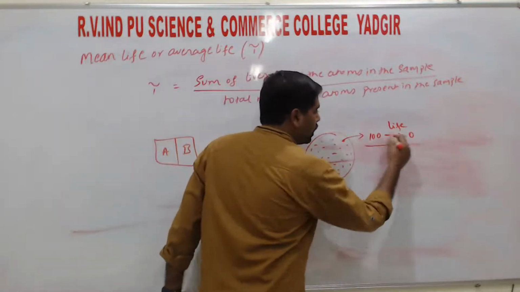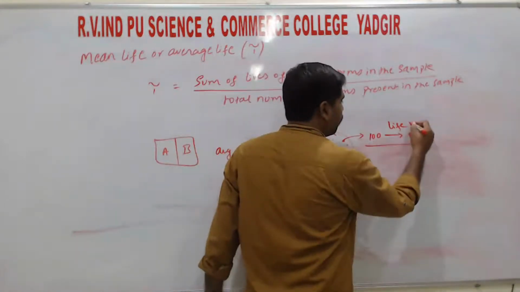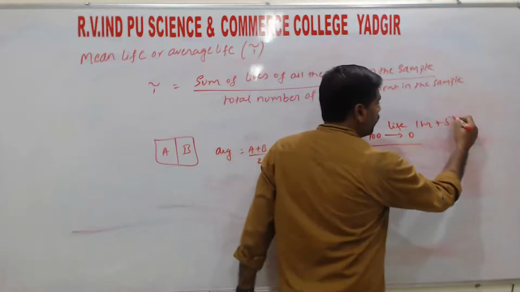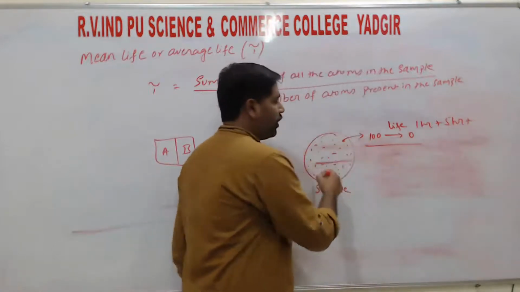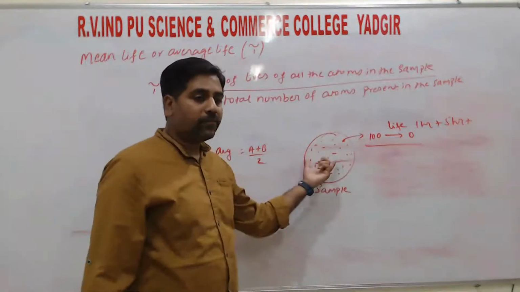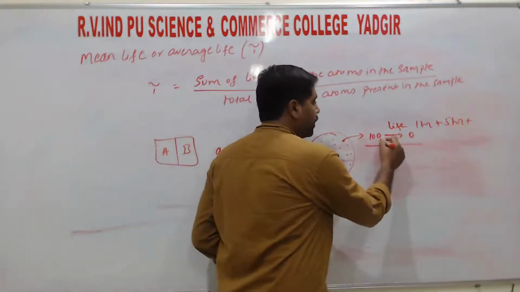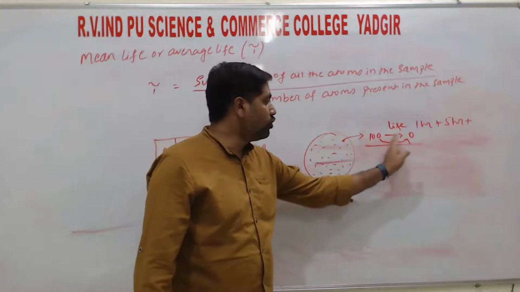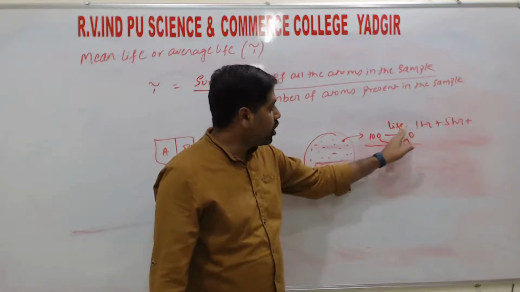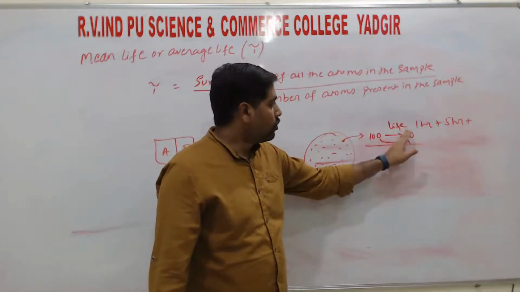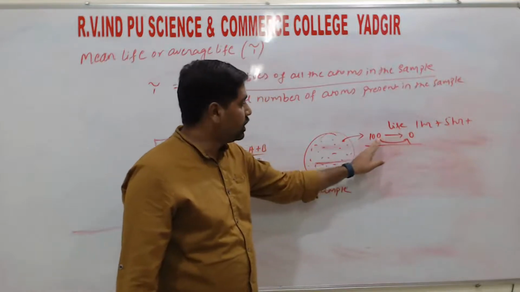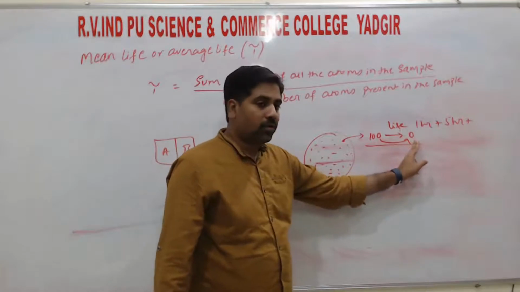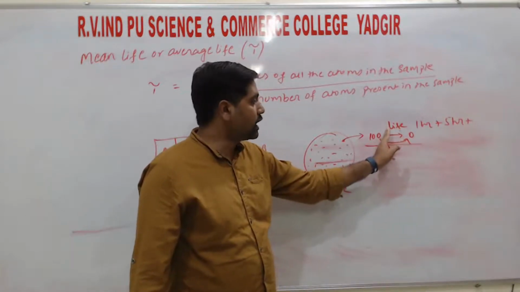The life of one atom is 1 hour, the life of a second atom is 5 hours, and similarly we add all the lives, that means the time period for complete disintegration from the original value to 0 value, that we call life, right? That is the time.